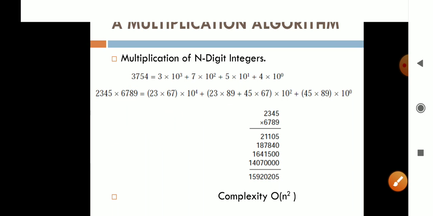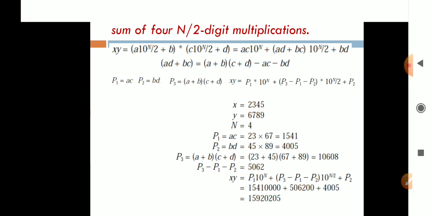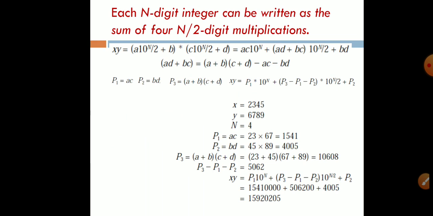So let's start with the algorithm, how divide and conquer is applied to the multiplication algorithm. Let us consider the multiplication algorithm which requires fewer single-digit multiplications. We are given integer numbers, and we are going to divide those numbers into parts, and then apply the divide and conquer rule on those numbers.